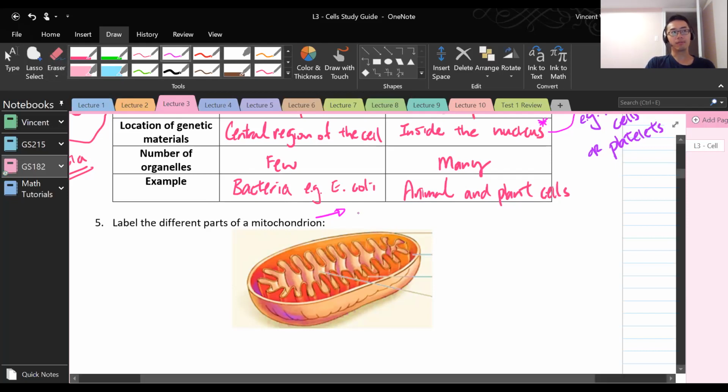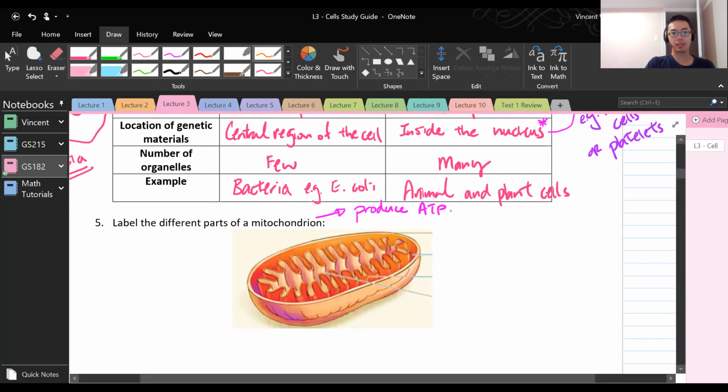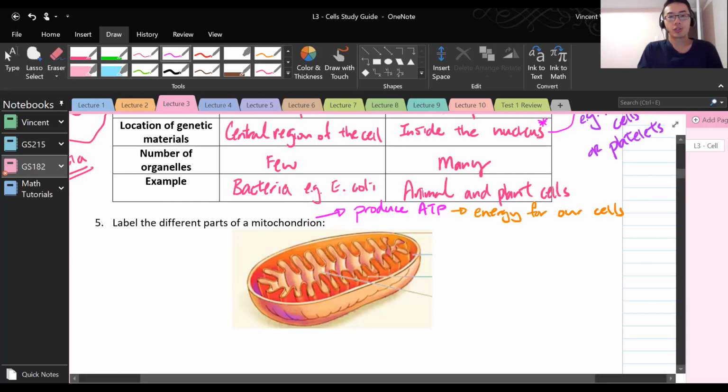Well, in very simple terms, the function of the mitochondria is to produce ATP, and ATP is basically energy for our cells. So we need these mitochondria to make energy for us.